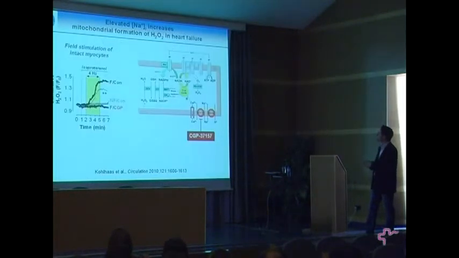And in these cells, H2O2 formation in a protocol similar to what you've seen before was strongly increased compared to non-failing myocytes. Now, if you block the export of calcium via the sodium-calcium exchanger with the CGP compound, then this increase in ROS production could be reduced again.